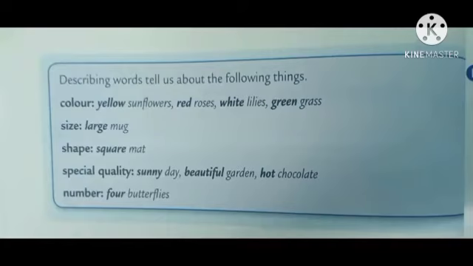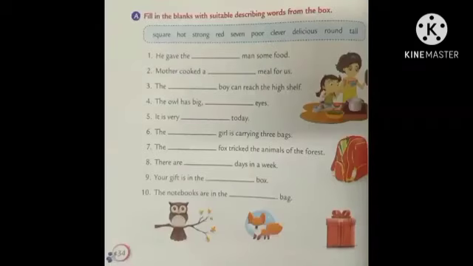We get to know that describing words are those words which tell us more about the nouns. It can tell us about the color, the size, the shape, some special quality, or some number of a noun. Okay, children? Now let's start with exercise A.